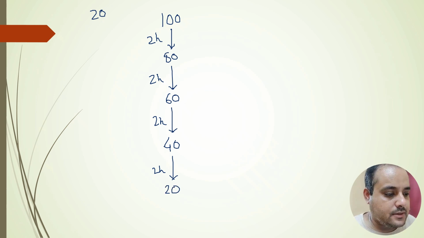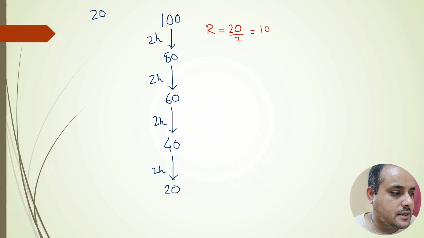So what is happening to the rate of elimination? I had 100 molecules and after 2 hours I had 80 molecules. That means I lost 20 molecules. So the rate of elimination is 20 by 2, which means 10 molecules per hour. From 80 to 60 in 2 hours, again I have lost 20 molecules in 2 hours, so the rate of elimination is 10 per hour.